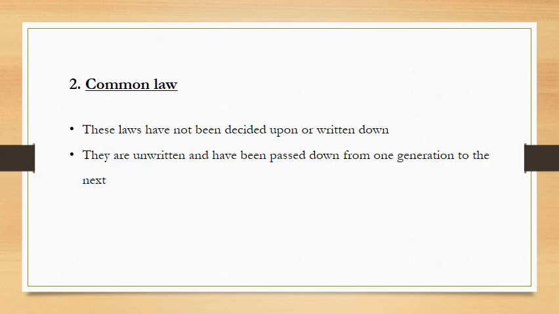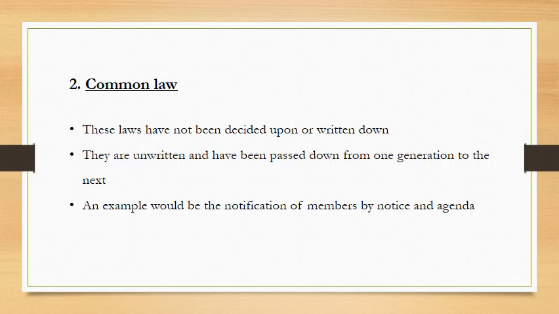These things that we do, for example, notice and an agenda. We don't even know who decided when a notice must go out and an agenda must go out for a meeting. But these things have been done for years and years by our fathers and our grandfathers, so we just must do it as well. And they keep order, don't they?